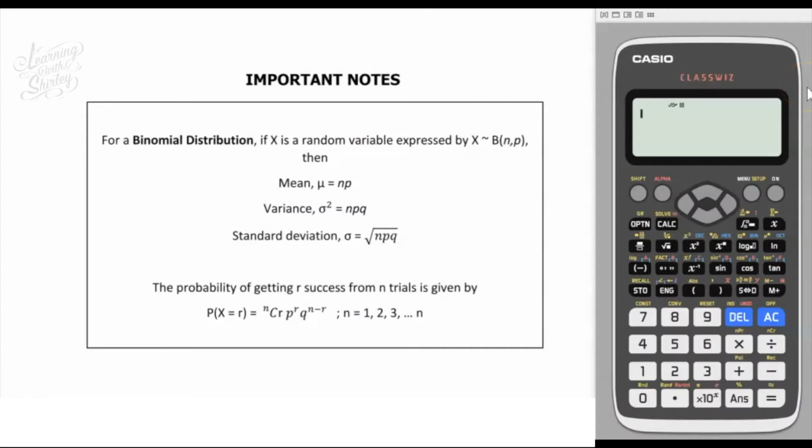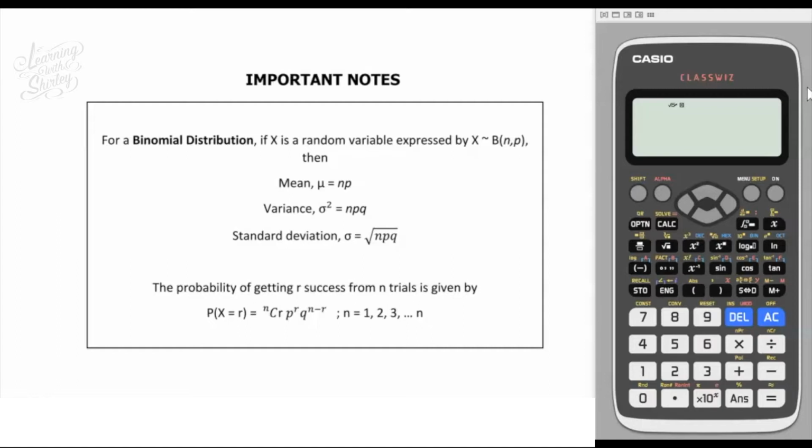Before we start attempting the questions, let's look at these important notes. For a binomial distribution, if X is a random variable expressed by X ~ B(n, p), n stands for the number of trials and p is the probability of success. Then, mean is equal to np, variance is equal to npq, and standard deviation is equal to square root of npq.